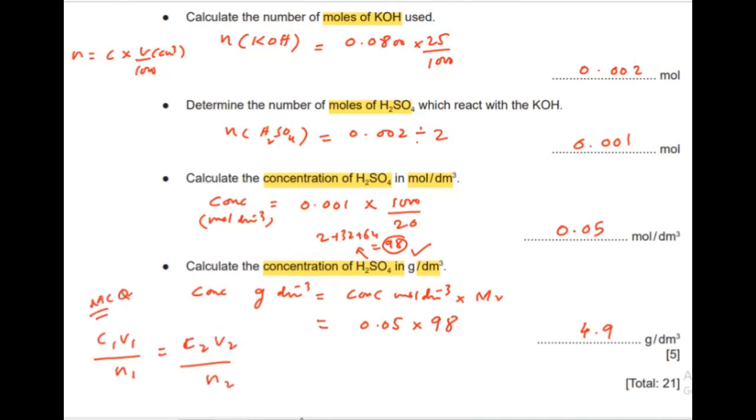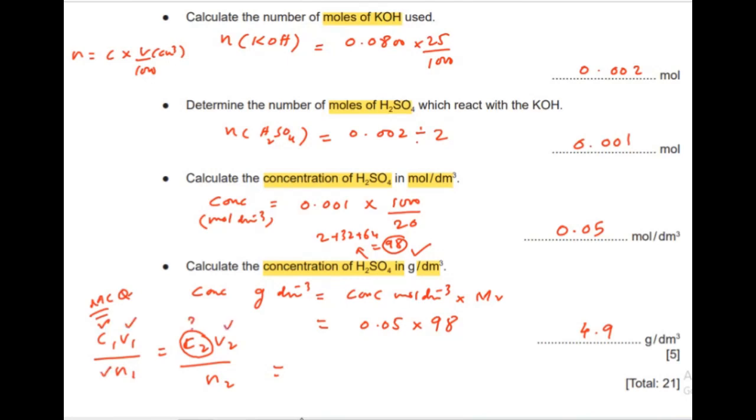If you have the same data, you can use this formula. n is the number of moles from the equation, C is the concentration, V is the volume. If you want to calculate the concentration of sulfuric acid, think of this as C2, then put the concentration of base, the volume of base, and the number of moles of base from the equation.